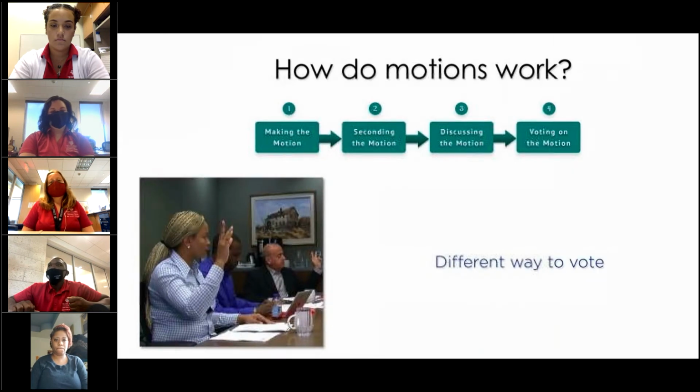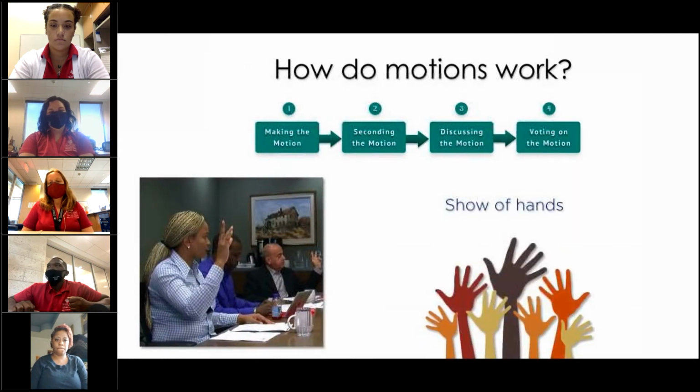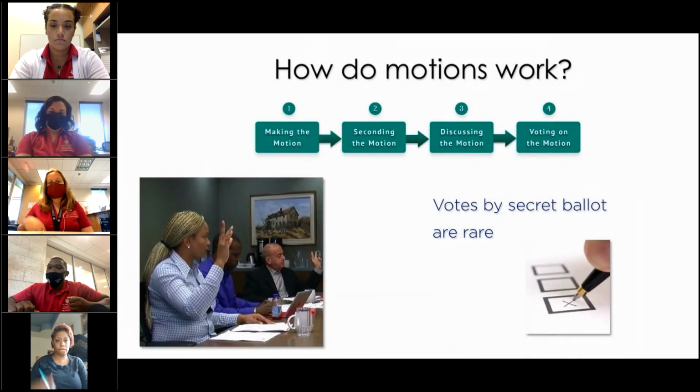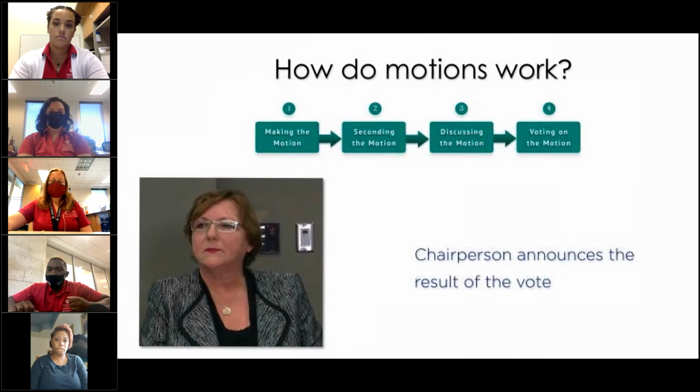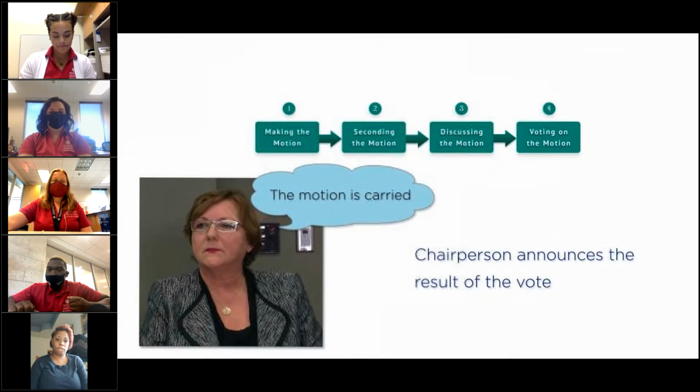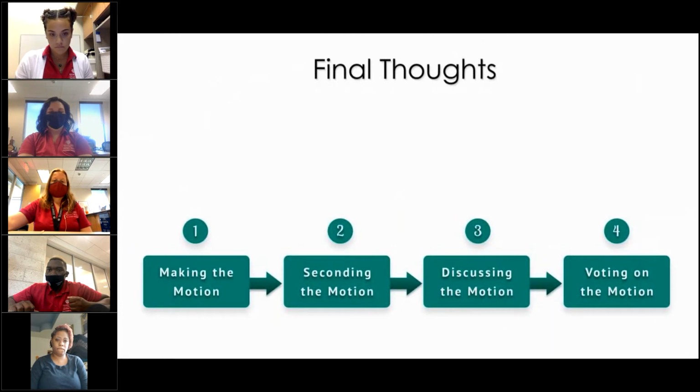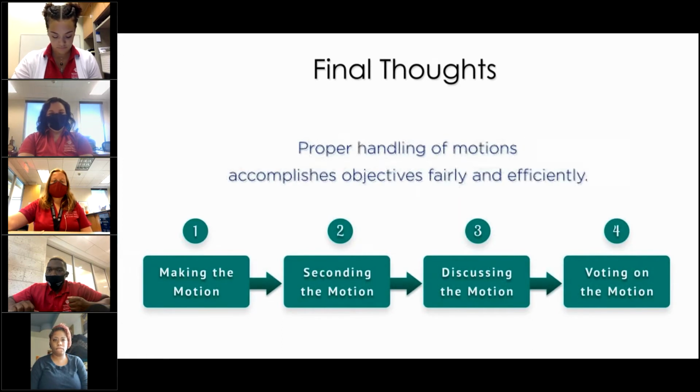There are different ways to vote, but the most common is by a show of hands. Votes by secret ballot are rare at board meetings, but may be used in areas of confidentiality or sensitive matters. Once the vote is taken, the chairperson announces the result of the vote. There you have it, the main steps in making motions. The proper handling of motions helps board meetings accomplish their objectives in the most efficient and fair manner.